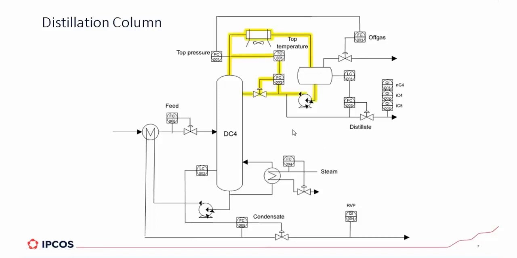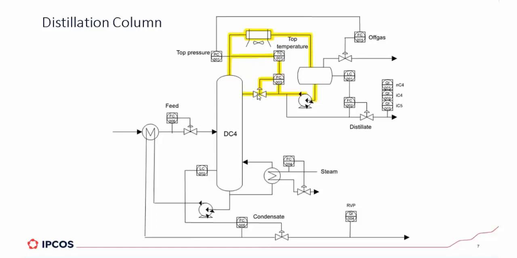There is a reflux drum where the lighter components, then butane, are extracted as off gas. What we will be focusing on is first the flow controller that controls the reflux flow. This operates on the valve in this reflux pipe, but we are using this also in a cascade construction.